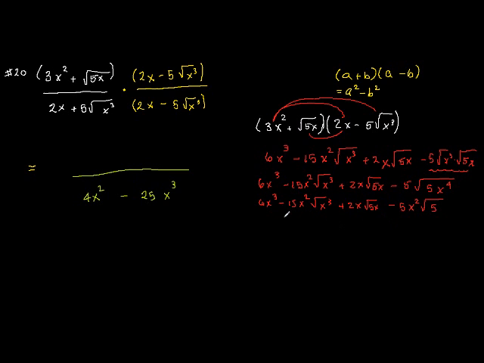Okay, great. So now let's put this on top here in the numerator. I'll write it in the light green. So I have 6x cubed minus 15x squared square root of x cubed plus 2x square root of 5x minus 5x squared square root of 5. Okay, that's great.